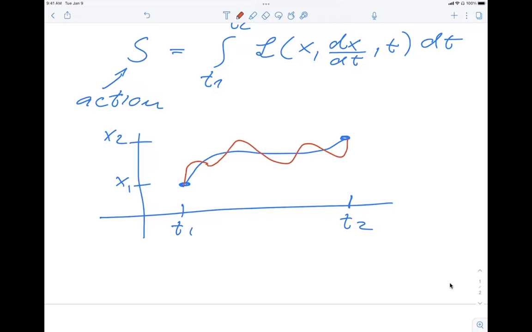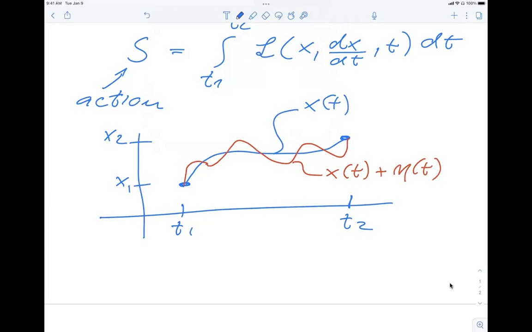So what you could think of now is the following. If you look at the red line, you could think that you have a function of x, which we don't know, plus some change. Let's call this an eta of t. So we make a perturbation to the path which we're looking for, and we have the original path x. Let's call this the optimal path, x of t. We don't know that.